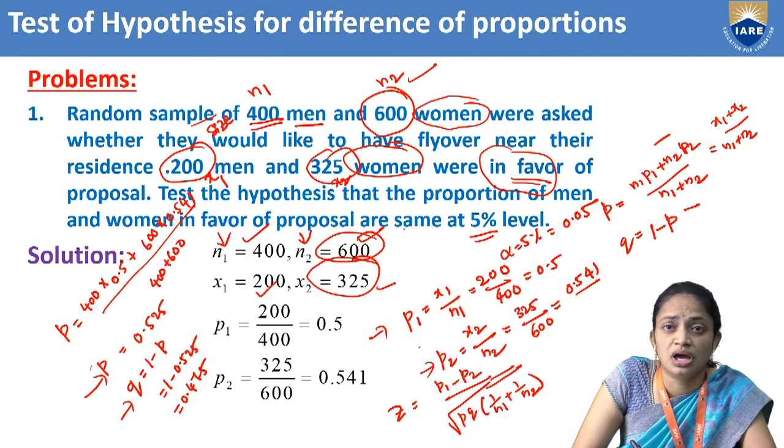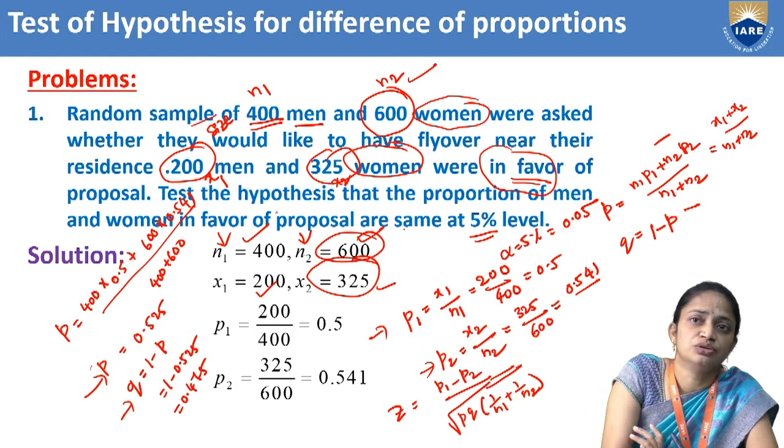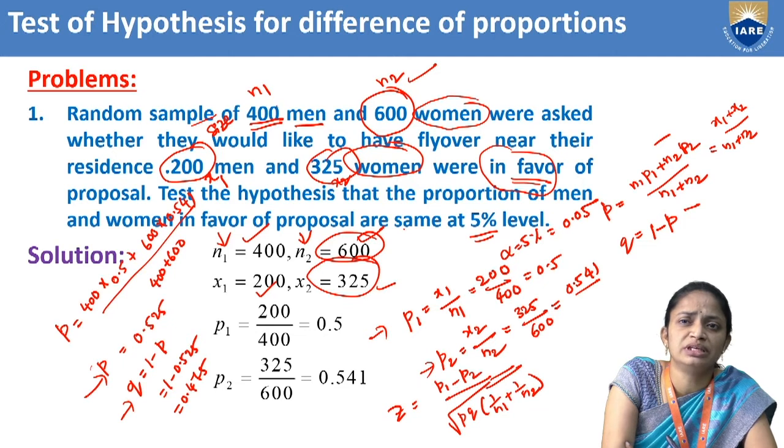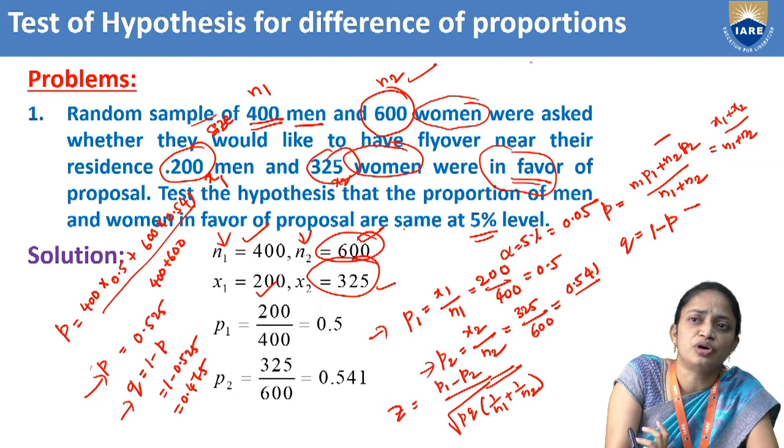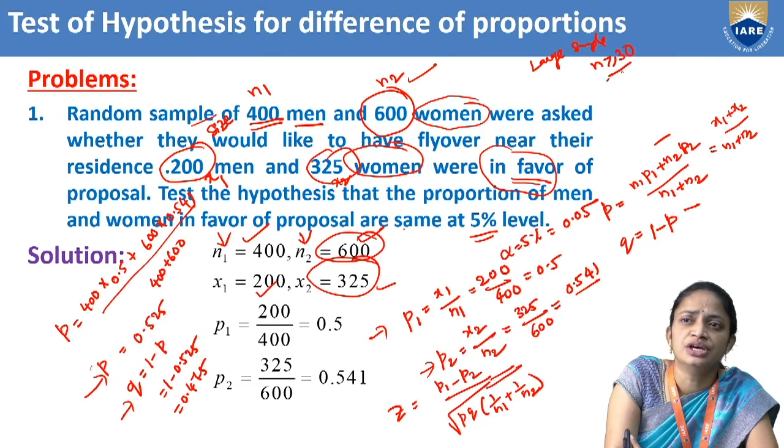But before that, check whether this is a large sample question. We know that a large sample is nothing but n greater than or equal to 30. If n is greater than or equal to 30, then we can say that it is a large sample.